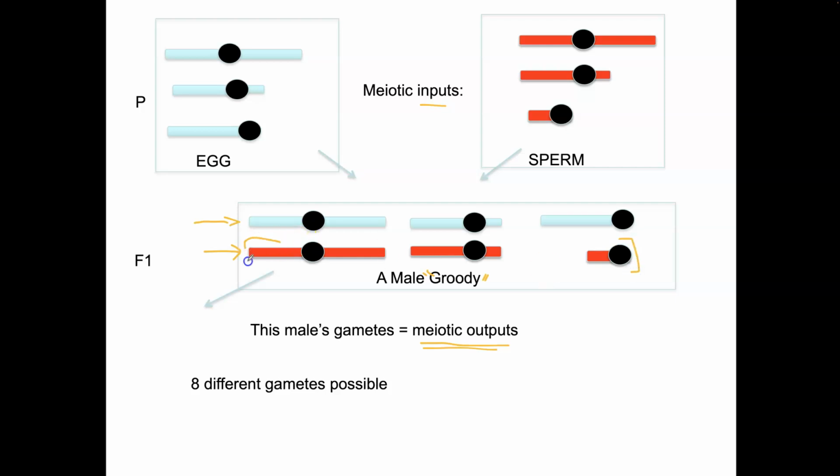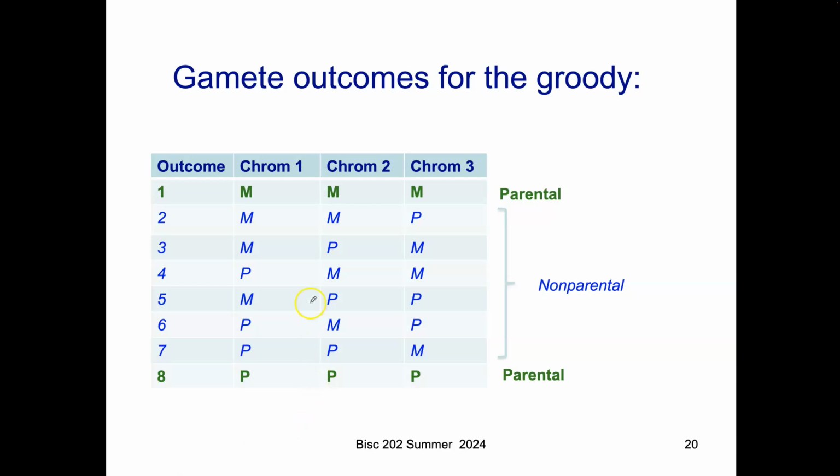So you're going to think about the meiotic outputs, because whenever this male passes on basically all of these paternal chromosomes unchanged, that is non-recombinant. But if the alleles are mixed up, so some of the gametes have a paternal and some of the gametes have a maternal chromosome, that is considered to be recombination. And we will talk about that more in the class.